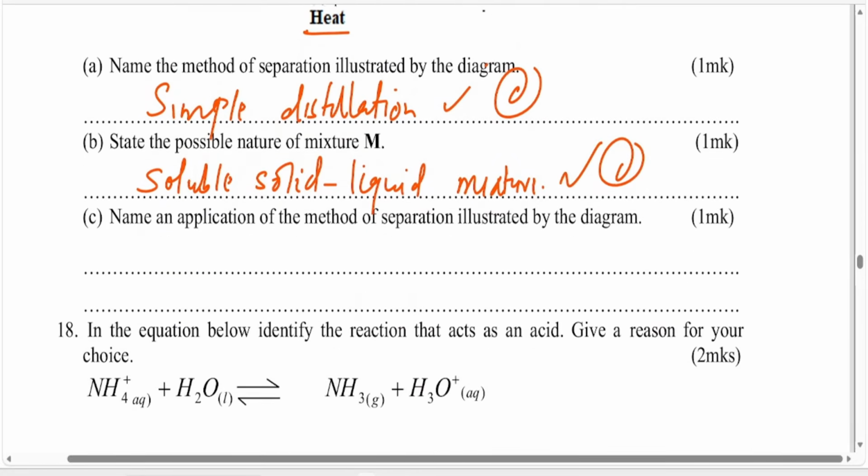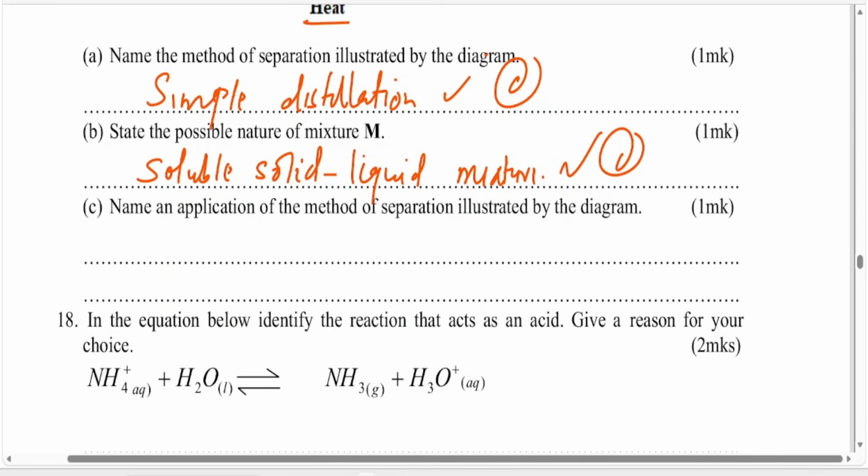Moving to the next question. Name an application of the method of separation illustrated by the diagram. So where do we apply this knowledge? This knowledge can be applied in extraction of sodium chloride from seawater.